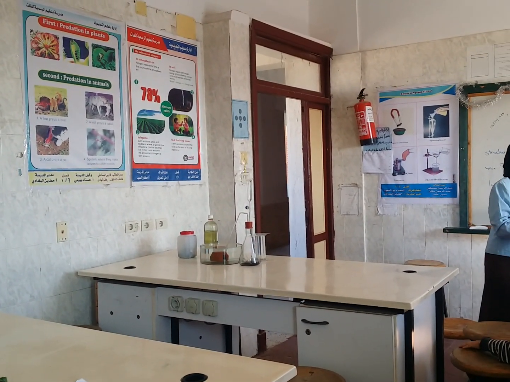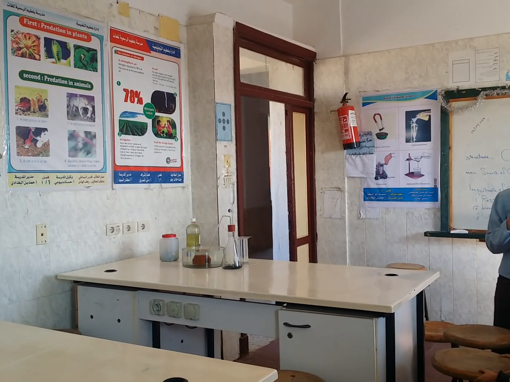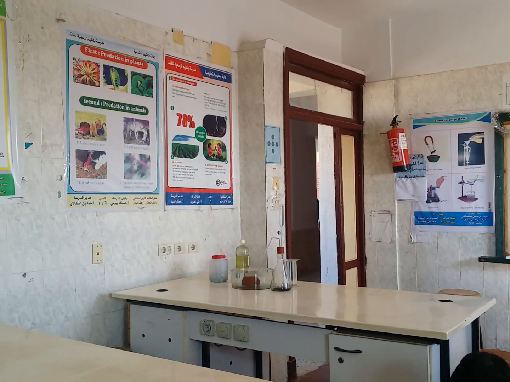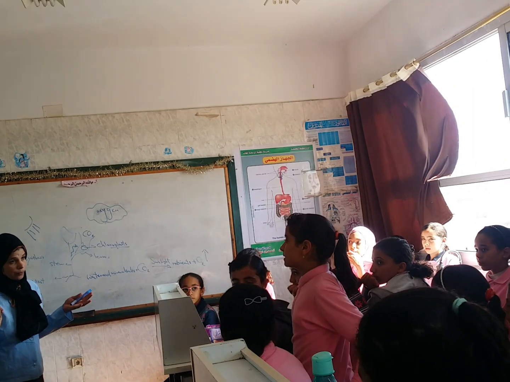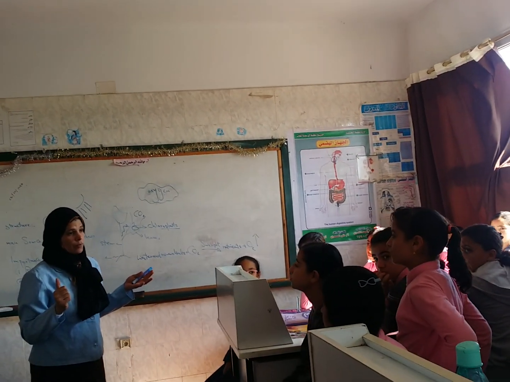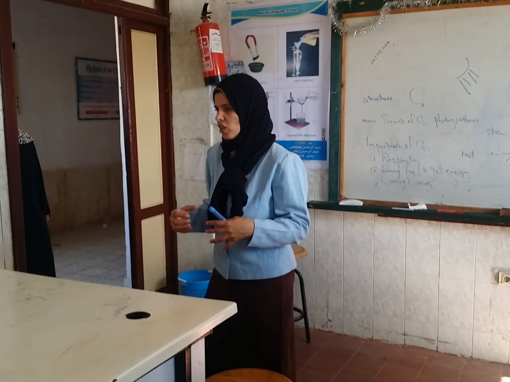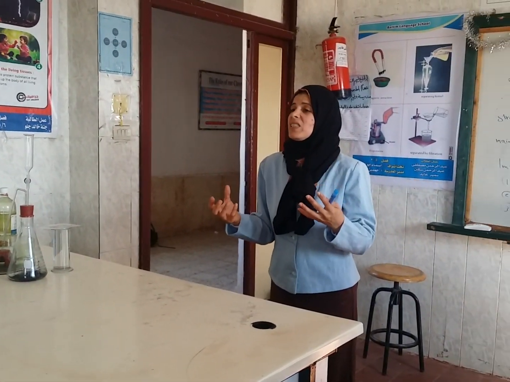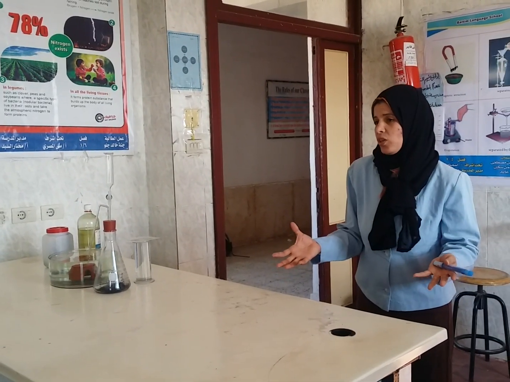To speed up the chemical reaction, you put a catalyst. What is the meaning of a catalyst? A catalyst is a chemical that speeds up the chemical reaction and decreases the energy consumed during the chemical reaction.